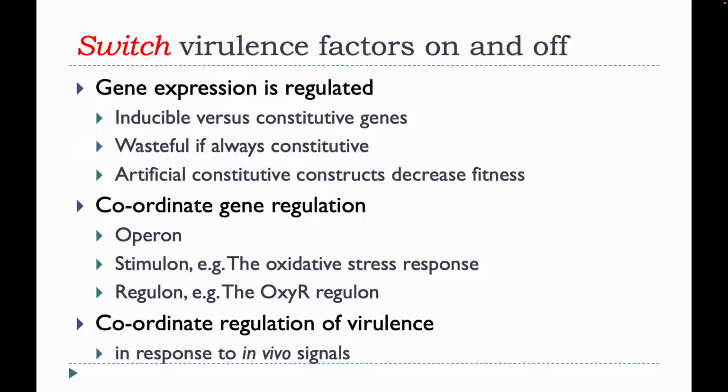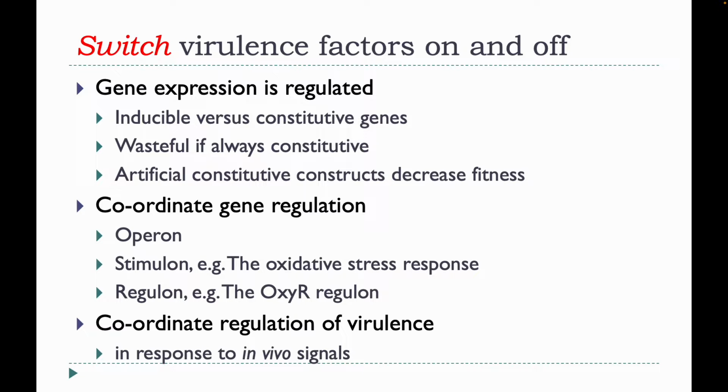It's a waste of energy and resources for the bacterium to be making things it doesn't need in that particular environment. And you might say, well, yeah, but it's marginal, isn't it? But one of the things that Darwin pointed out, grain in the balance is what settles. If cells are competing with each other in a particular environment, even small gains in their ability to control use of resources can be useful to them.